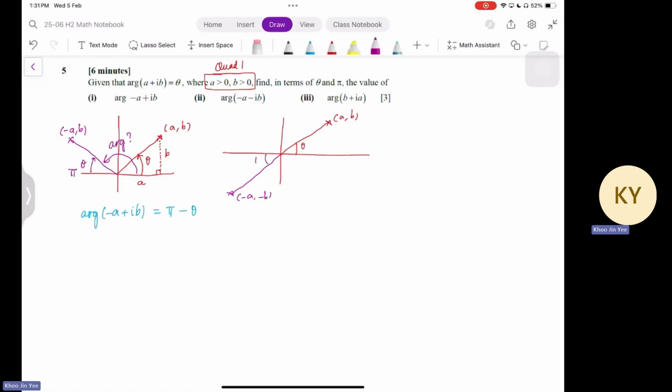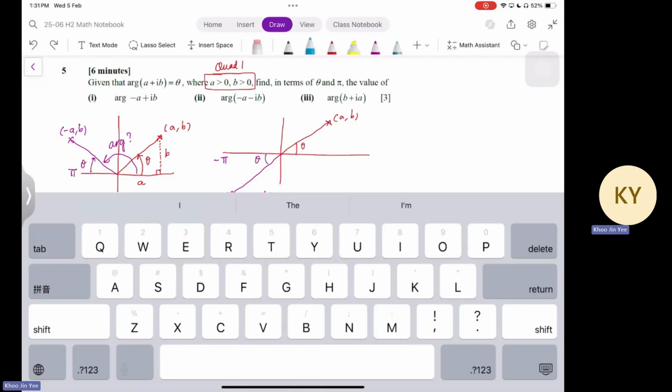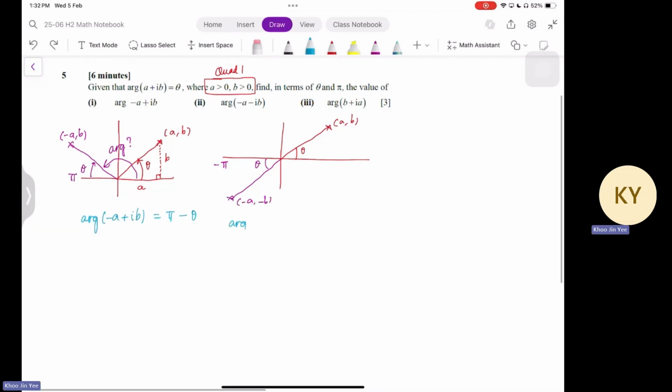The theta is a vertically opposite angle. The reference part is actually at negative pi, and then we need to add the rotation in the anti-clockwise direction. Because of this, the argument of negative a minus bi will be equal to negative pi plus theta.